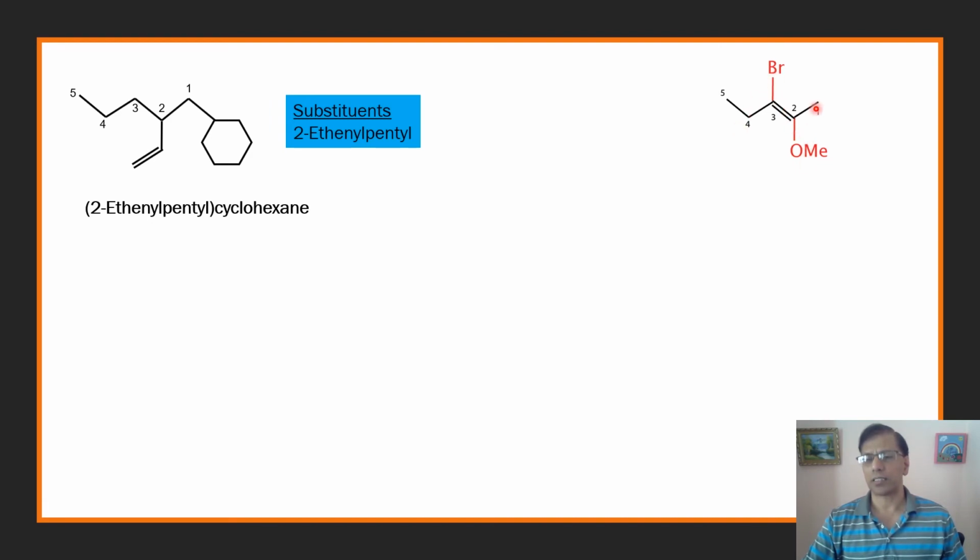And then let's consider the substituents on carbon atom 2. Methyl and methoxy are the substituents. These are the two substituents on carbon 2 of the double bond, and oxygen has a higher atomic number, so it has priority over methyl.